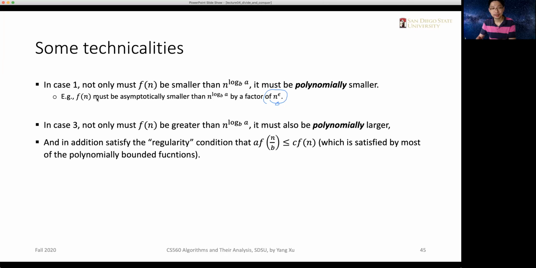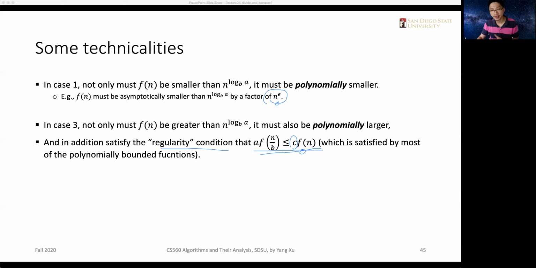Case 3 has one more regularity condition, which is that a times f(n/b) should be smaller than c times f(n), where c is a constant smaller than 1. This is something you can check really quickly once you know the form of f(n), and it is usually satisfied by most polynomially bounded functions.